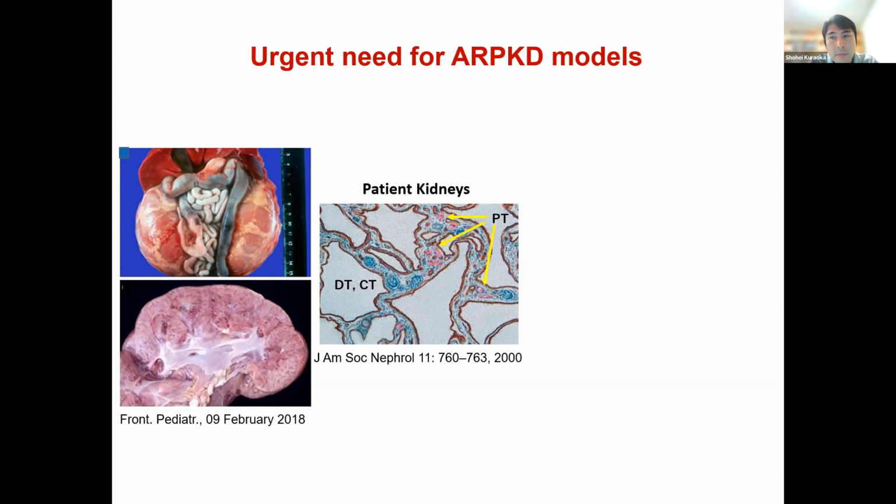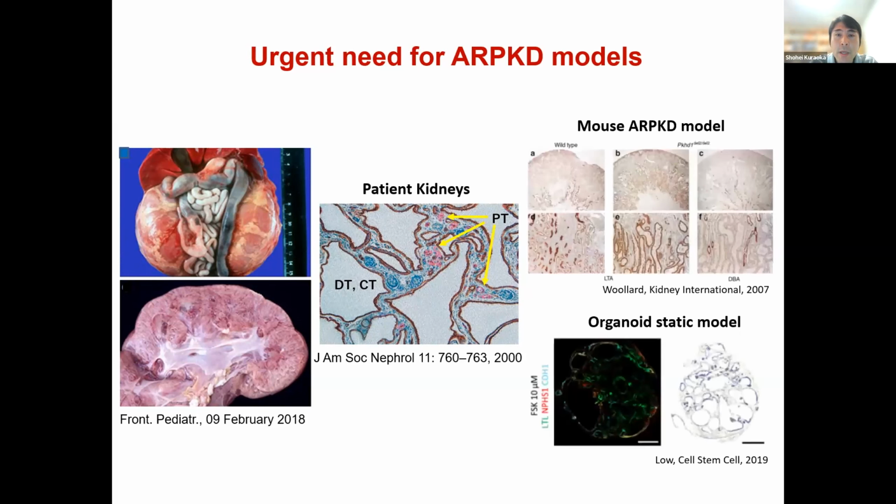Cyst formation derived from the distal nephron is characteristic in ARPKD. However, previous mouse and organoid models have shown cysts derived from the LTL-positive proximal tubules. And so improved experimental models for ARPKD need to be established.